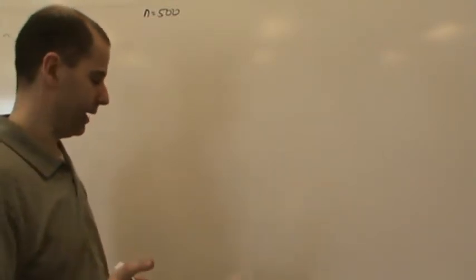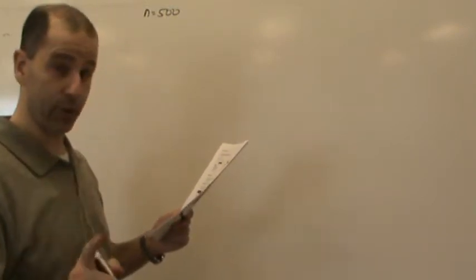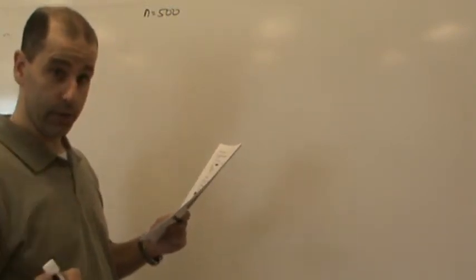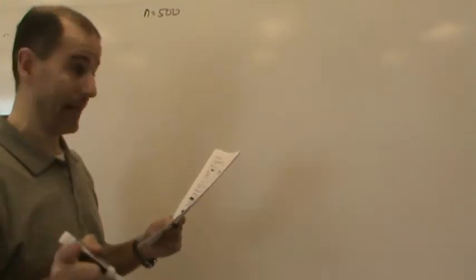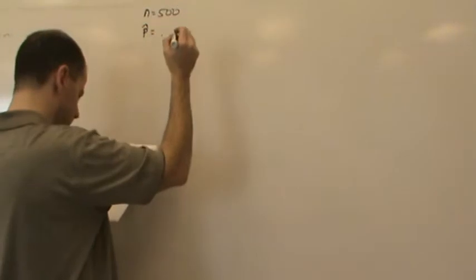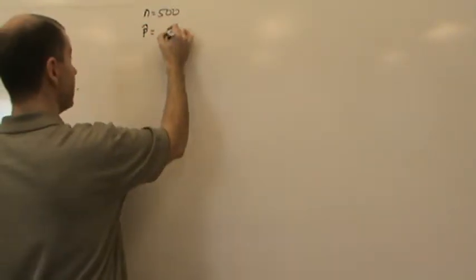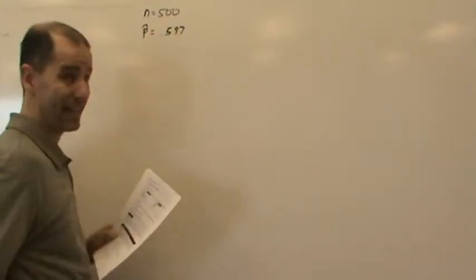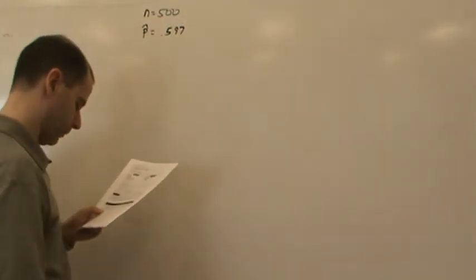In this case, he found that 59.7% of the 500 students are registered voters, so that percentage is p hat. So p hat is equal to 0.597. Always write it as a decimal.